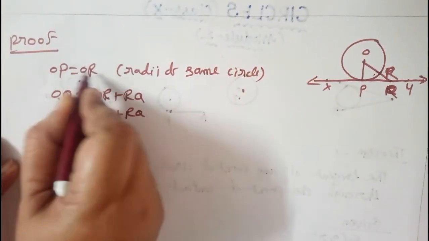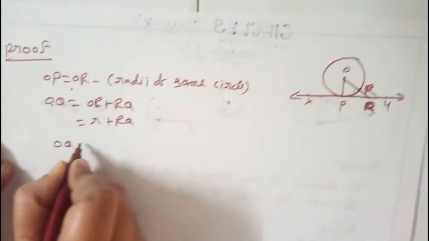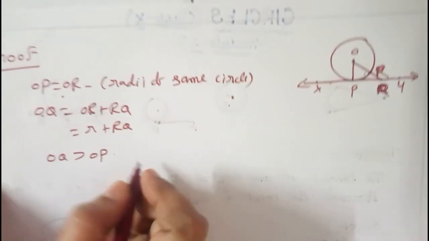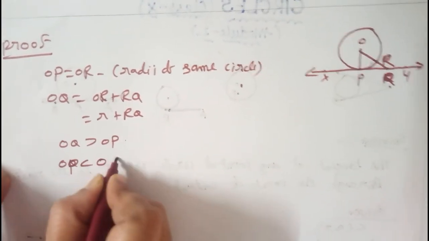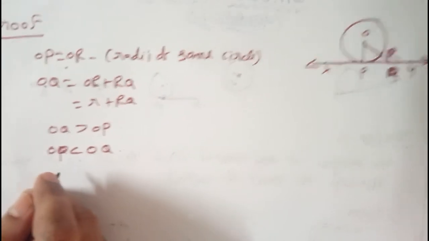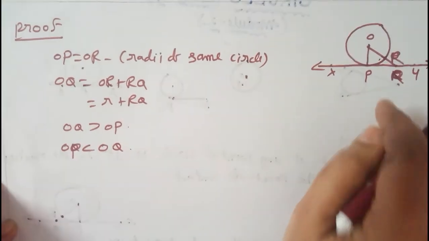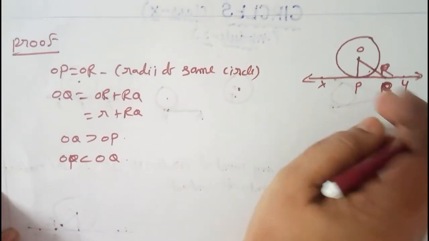So from these two equations we can say that OQ is greater than OP. That is, OP is less than OQ. Q is any point other than P.